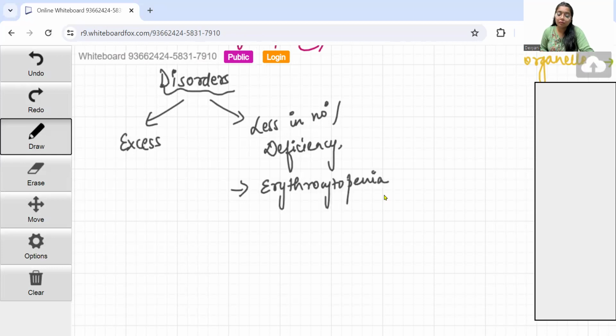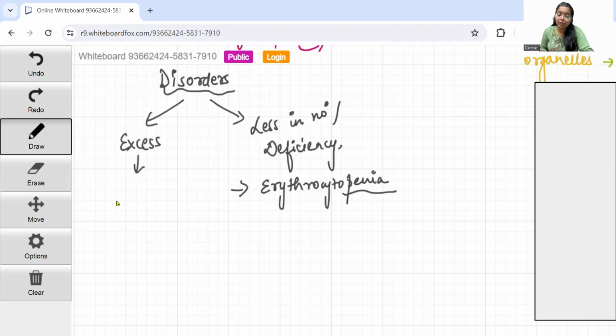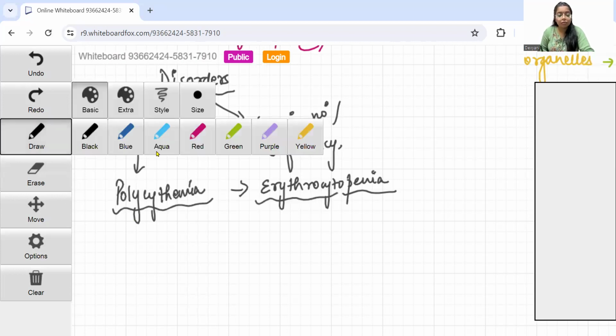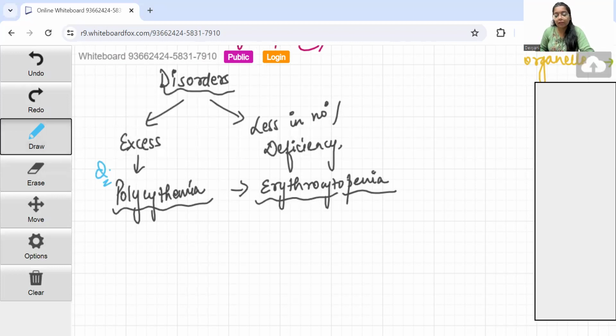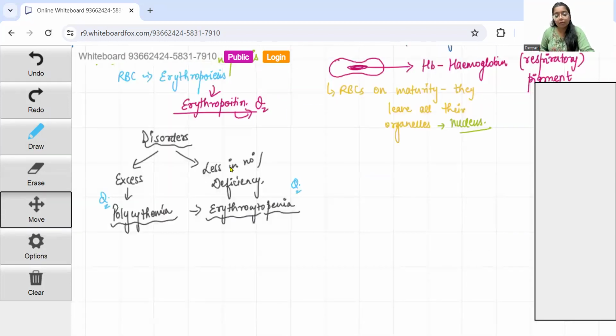Penia actually means less, and when it is in excess in number, that condition is known as polycythemia. These two names you should understand and you should know their meaning. If there is a deficiency, we use the term penia, and if there is an excess of RBCs present in the human body, that is polycythemia.